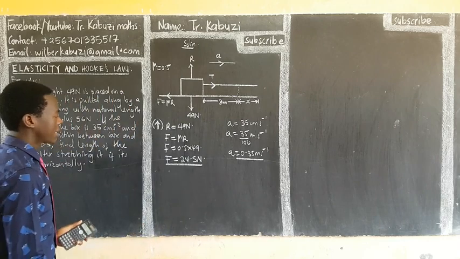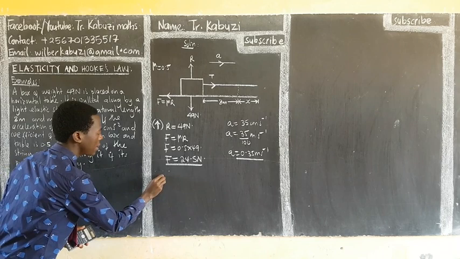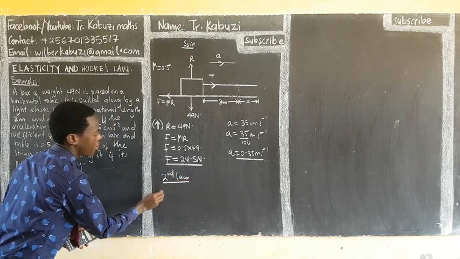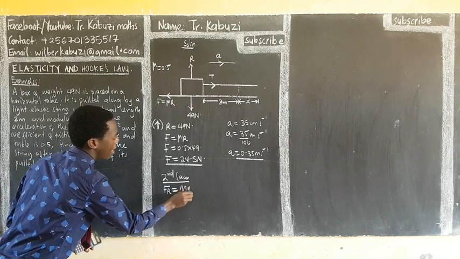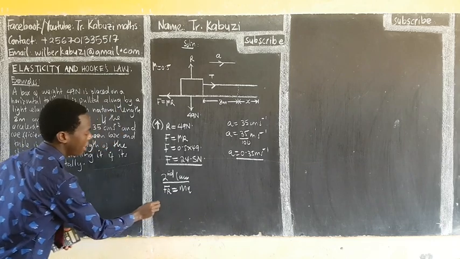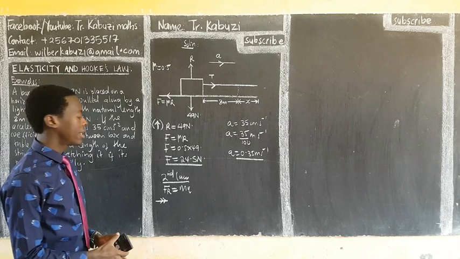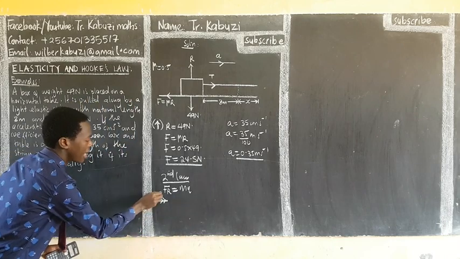Okay, so after doing the acceleration, remember that the acceleration is occurring in that direction. So now using Newton's second law, what does it say? The resultant force is equal to the mass times the acceleration. The direction of acceleration is the direction of the resultant force.